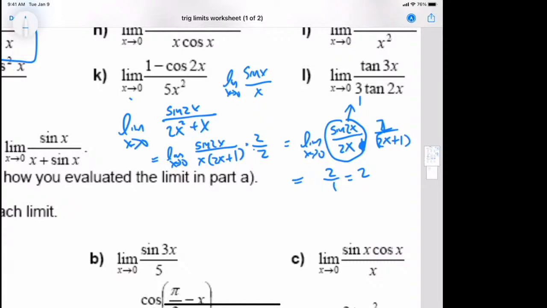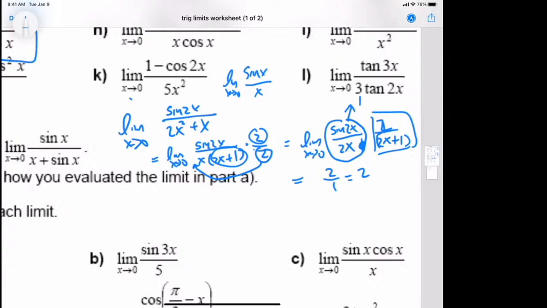So the whole idea is moving this 2 in here and moving the rest to the other side. So I move this and this into 1 fractions, and that part is going to become 1, and this part is going to be plug in 0, so it's going to be 2 over 1. So that's equal to 2. I had to plug in 0 for x, of course.